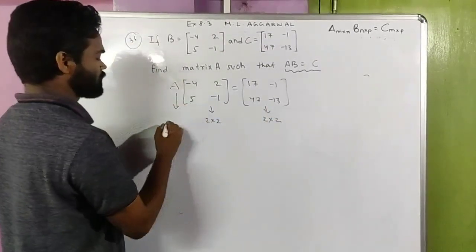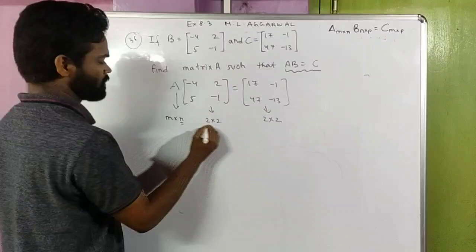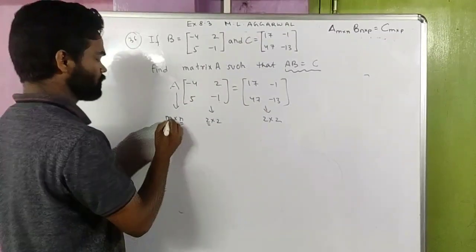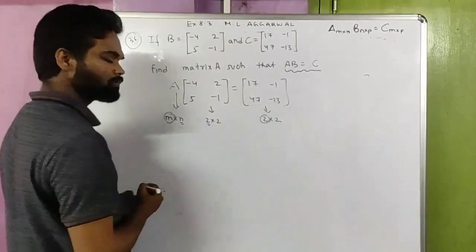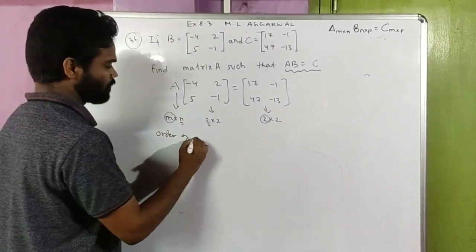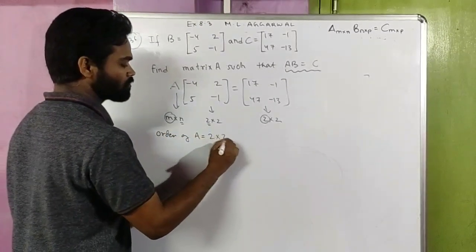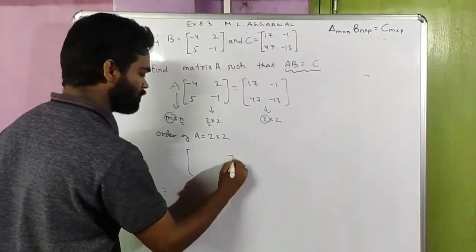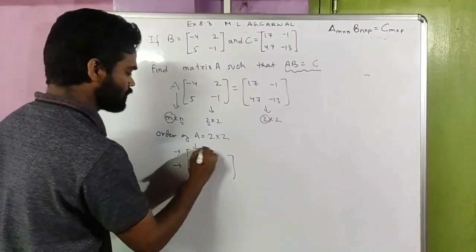Now we know that if this is M cross N, this and this are equal, so N is 2, and this is equal, so M is also 2. Hence the order of A is 2 cross 2, which means A will have 2 rows and 2 columns.